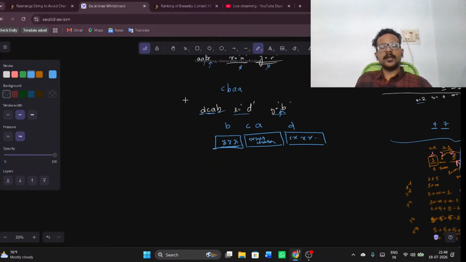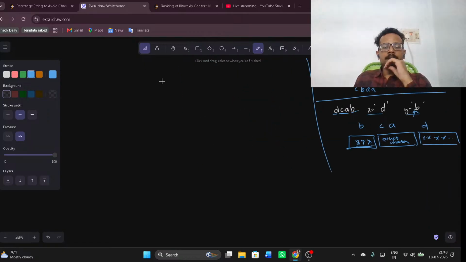How do I write the algorithm for this? For this, the frequency of every character should be stored, right? So that's how I can know how many times the other characters are repeating, how many times X is repeating, how many times Y is repeating. First thing, calculate the frequency of every character.